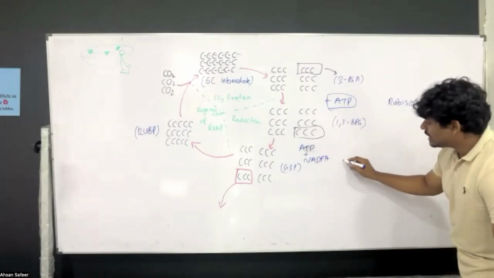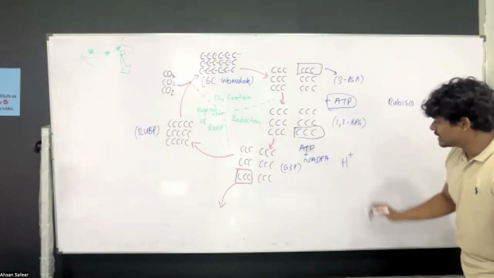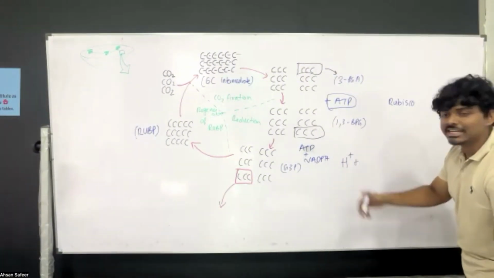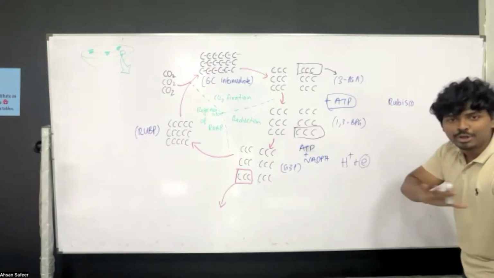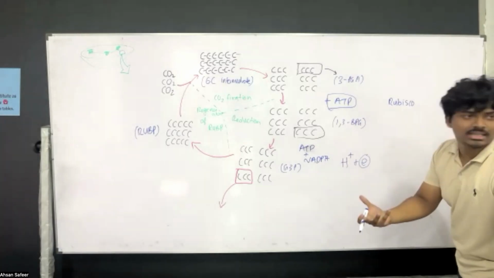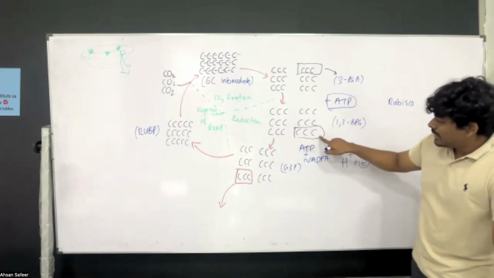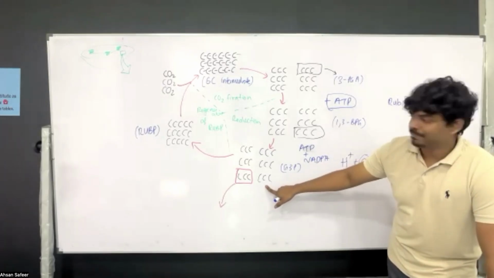Why? Because when you are giving a hydrogen, you give it as H plus. So since there is a plus going, there should also be an electron or minus going to neutralize. So since this minus is going, we call it a reduction.